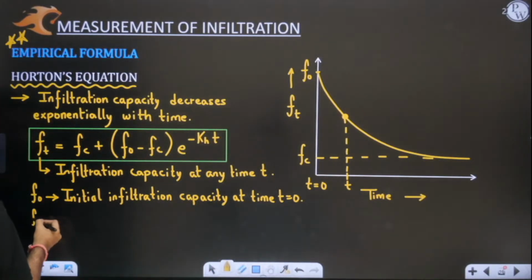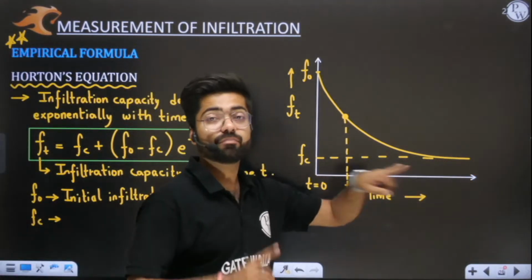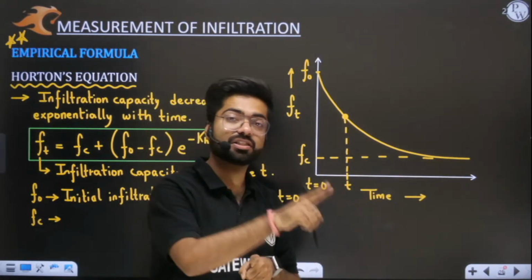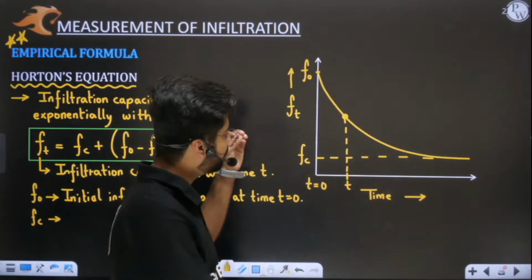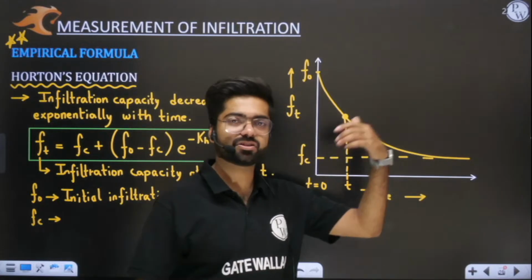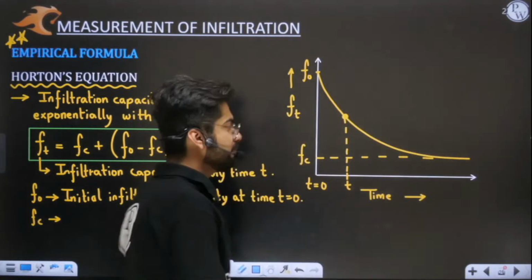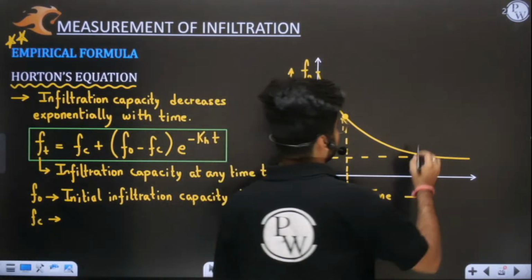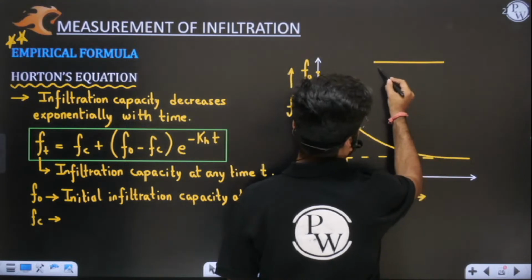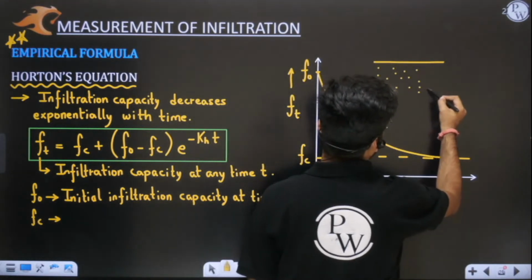Sir, FC is the constant value, but that constant value is achieved by the ground after a long time. After rainfall has ended, or let us say after 8 hours or 10 hours, this value will be achieved. Because you need to understand that after some time, see what happens. Let us say this is your soil, your soil fabric.